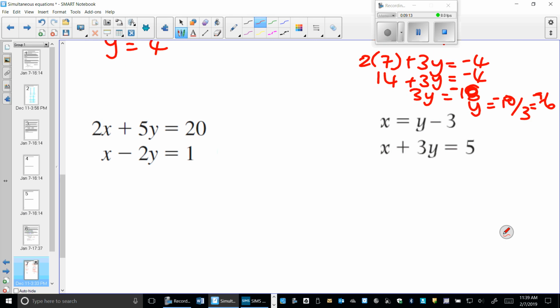Right, this one. Oh, there's lots of substitution, lots of eliminations, aren't there? I just multiplied it by negative 2 properly. Negative 2x, thank you, Evelyn.